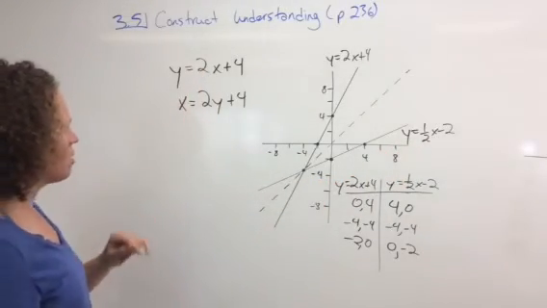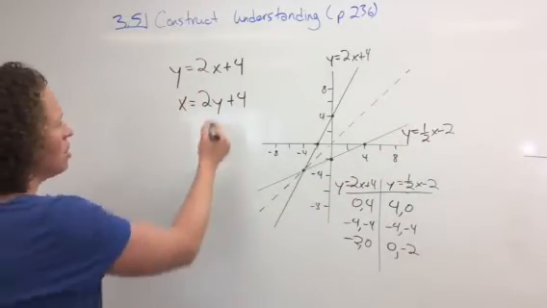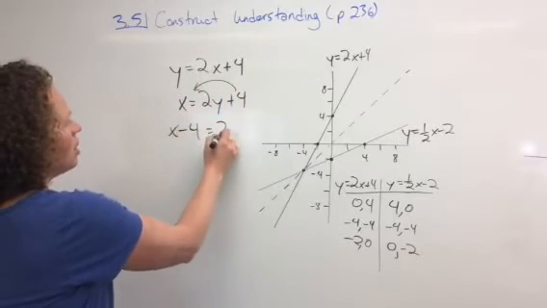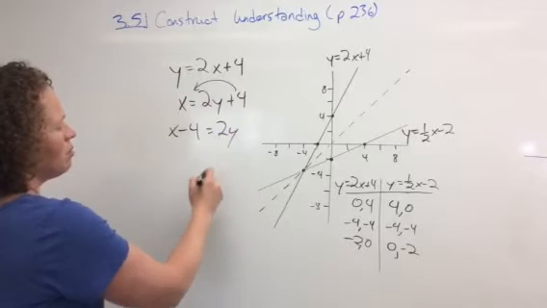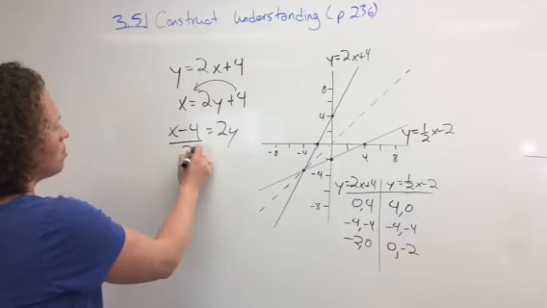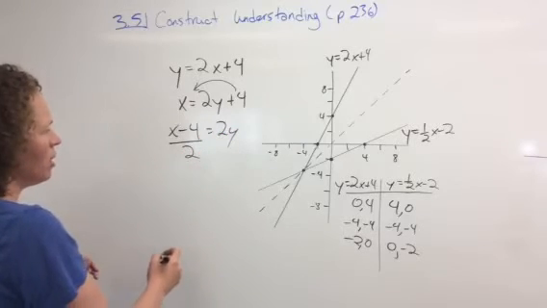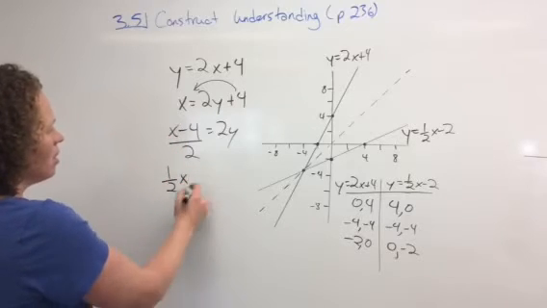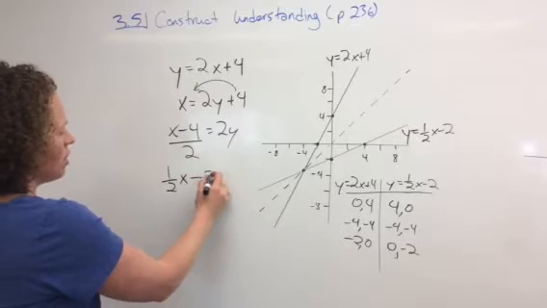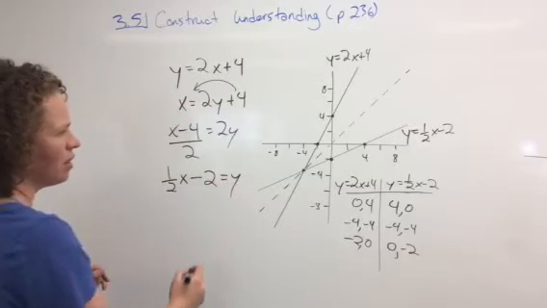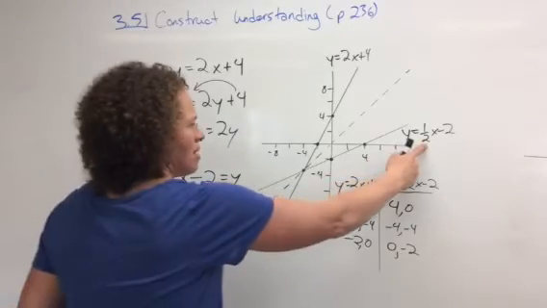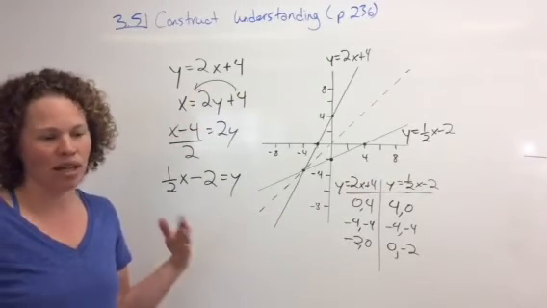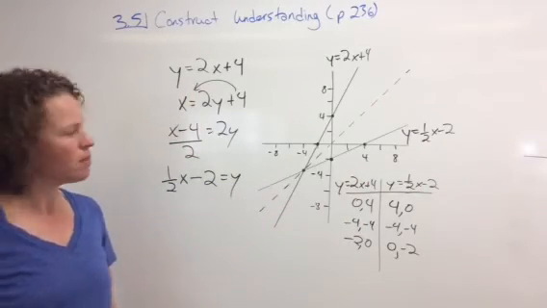So I've switched my x and y values, now I'm going to rearrange it. My plus 4 comes over as x minus 4 equals 2y, and then because this is multiplied by 2, I'm just going to divide everything by 2. So that means x over 2, or 1/2 x, minus 4 over 2, which is 2, equals y. So is that the same as that? Yes, it is. All I did was switch my x and y and then make it equal to y again.